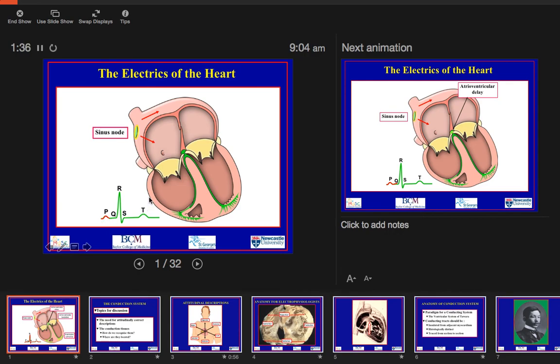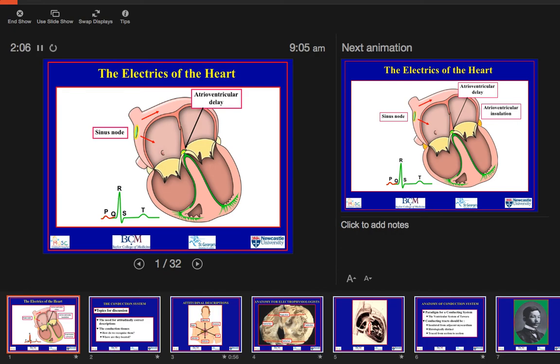Now, almost certainly, the electrical impulse reaches the atrioventricular junction prior to the atrial chambers having contracted and pushed blood across the atrioventricular junctions. So if the ventricles are to fill properly, we need time for that blood to get into the ventricles, and that's why we need atrioventricular delay.